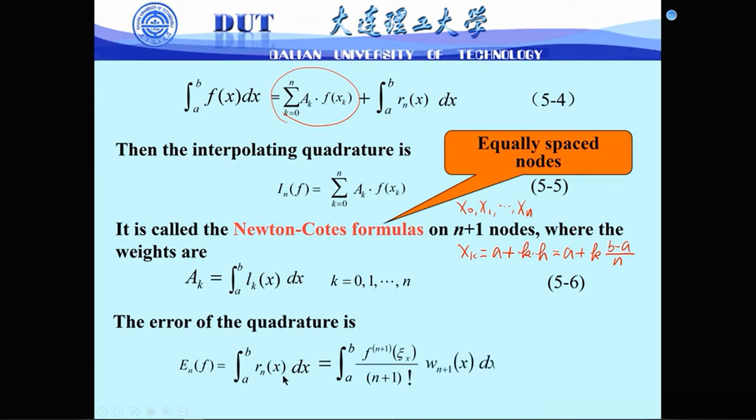And in section 2, we know the remainder term R_n(x) can be obtained by the (n plus 1)th order derivative of f at some c, where this c depends on x, so here we use subscript x to represent it, divided by (n plus 1) factorial and multiply w_{n+1}(x). Remember w_{n+1}(x) is (x minus x_0) multiply (x minus x_1) up to (x minus x_n).